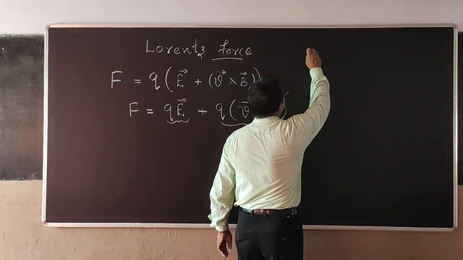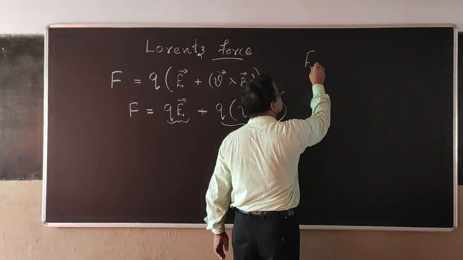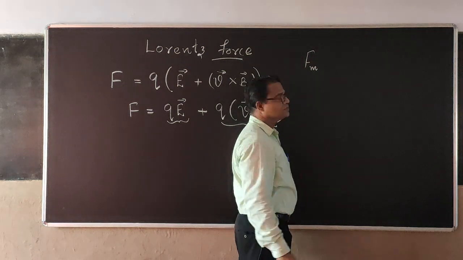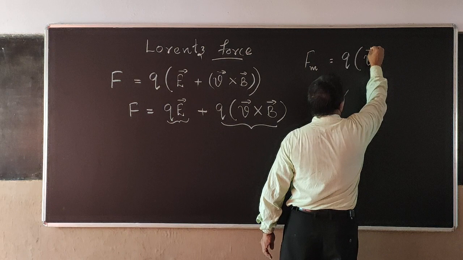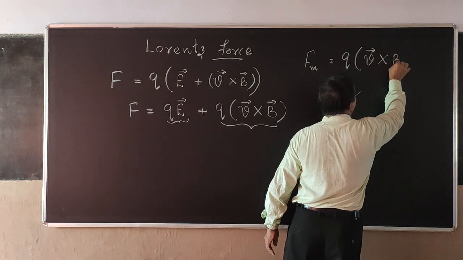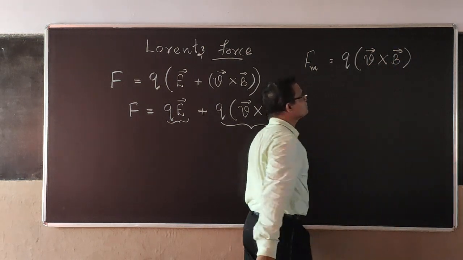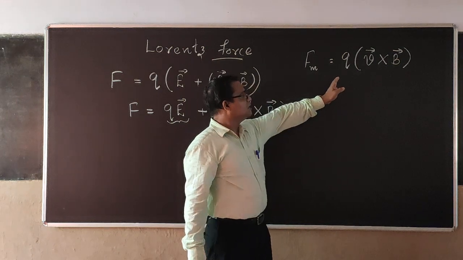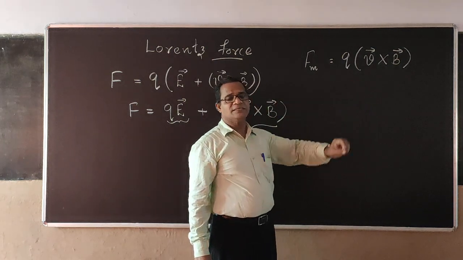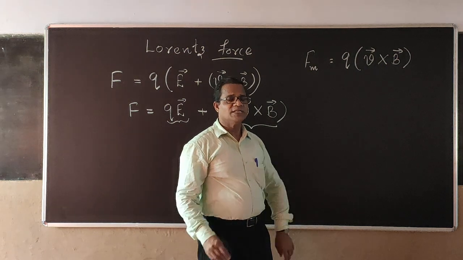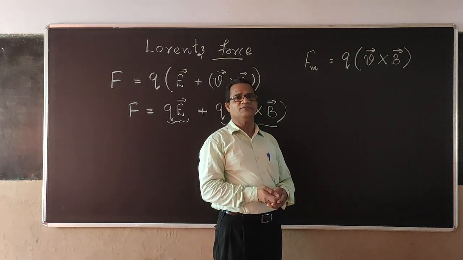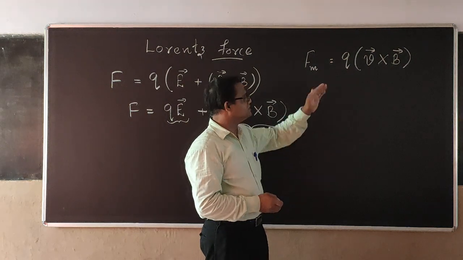So the charge experiences a force in the magnetic field that is given by Q into V cross B. This equation is called magnetic Lorentz force. So when a charge is moving through a magnetic field, it experiences a force of this kind.